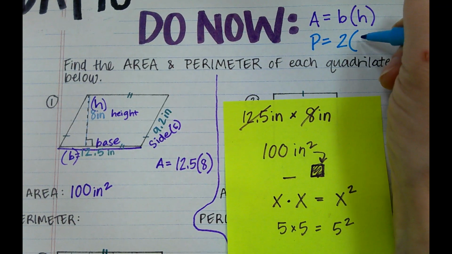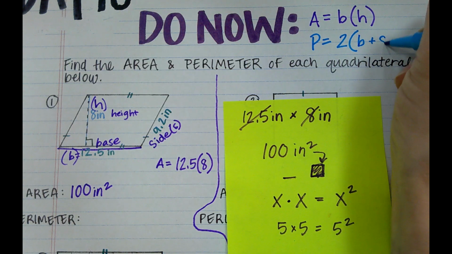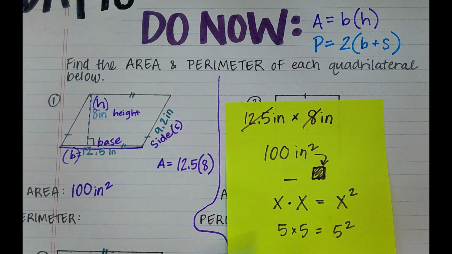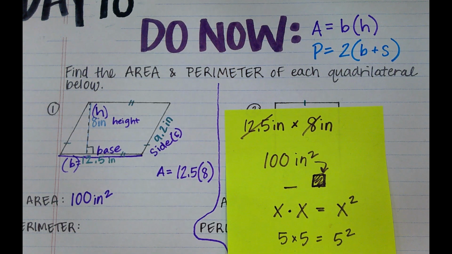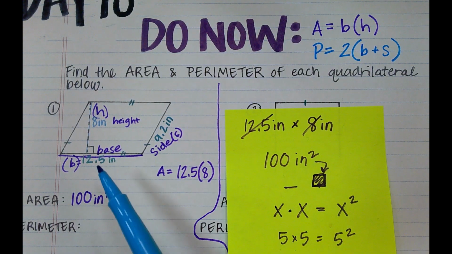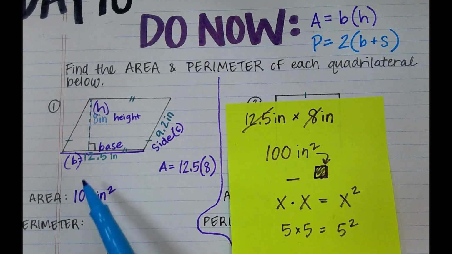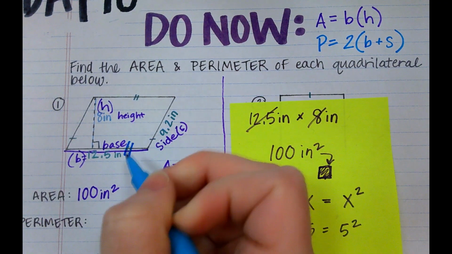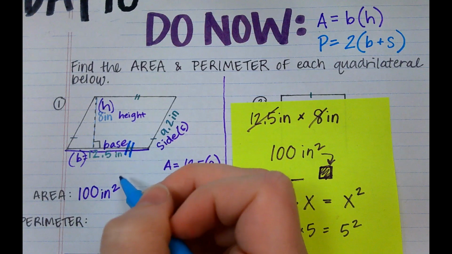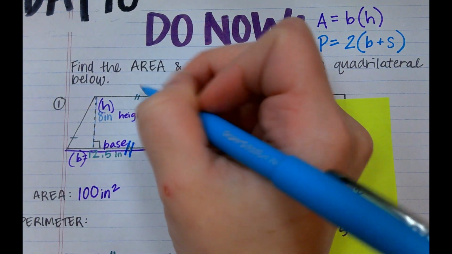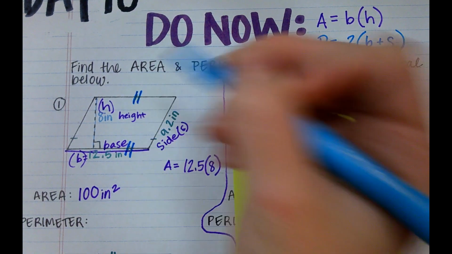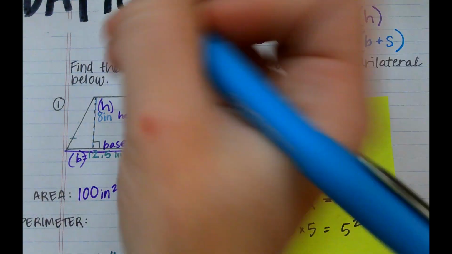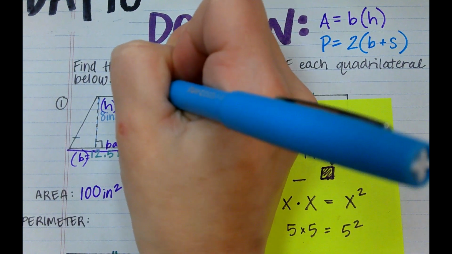So 2 times B plus S. The reason for that is because in this parallelogram, notice how we have 2 tick marks on this side length, that 12.5. There's 2 tick marks on this one as well. What does that mean? They're the same. So this is also 12.5 inches.